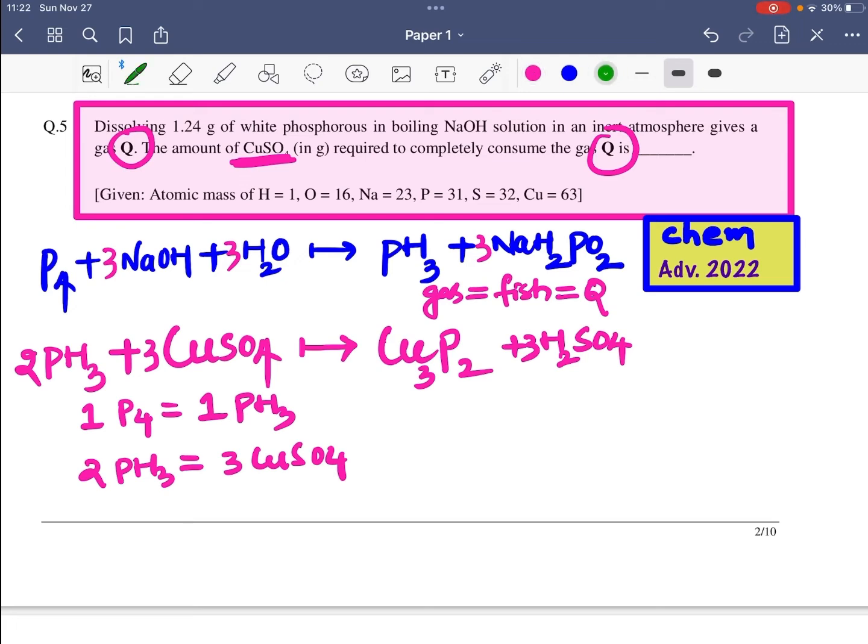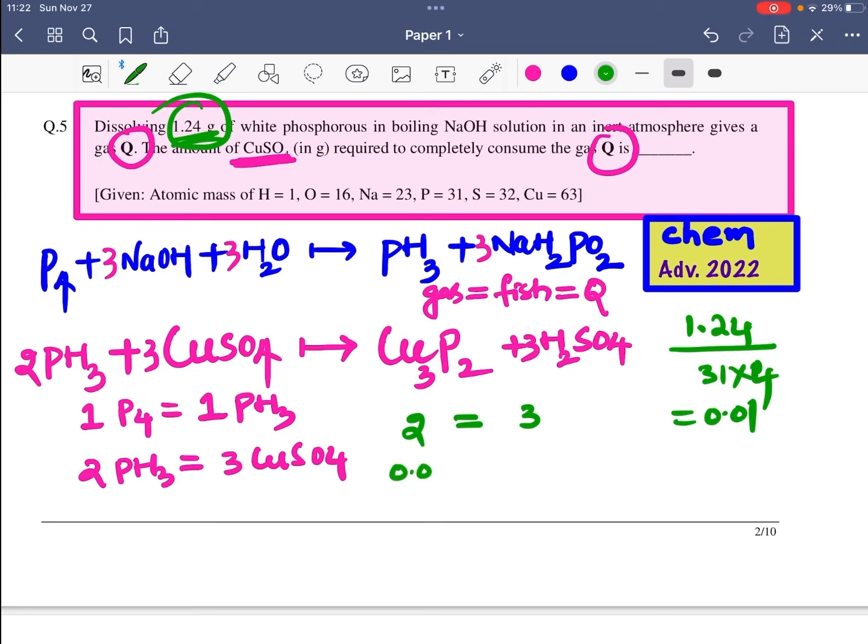Here the mass of white phosphorus is given, 1.24 grams. How many moles will that be? 1.24 divided by 31 into 4. So this turns out to be 0.01. What I can say here, 2 moles react with 3 moles of copper sulfate, and 0.01 mole reacts with how much?